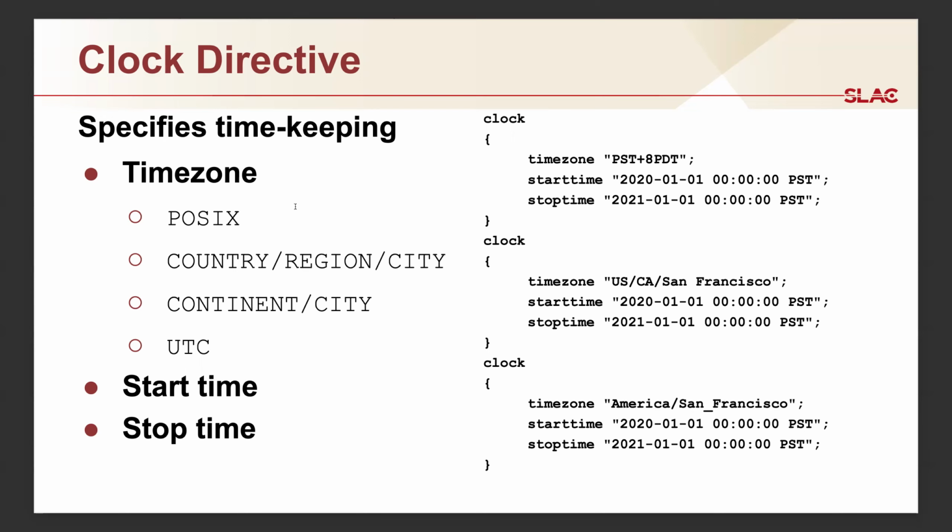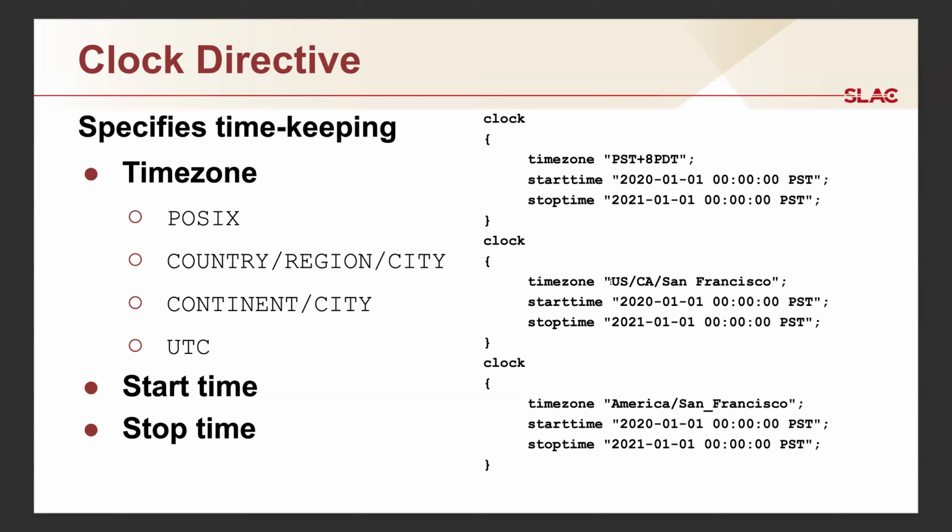When you specify time zone, there are a couple different ways you can specify it. You can just specify it using the standard POSIX definition that is used by a lot of operating systems, which is, what is the standard time representation? What's the offset with respect to universal time? And then what is the weather, and what is the daylight savings time specification?